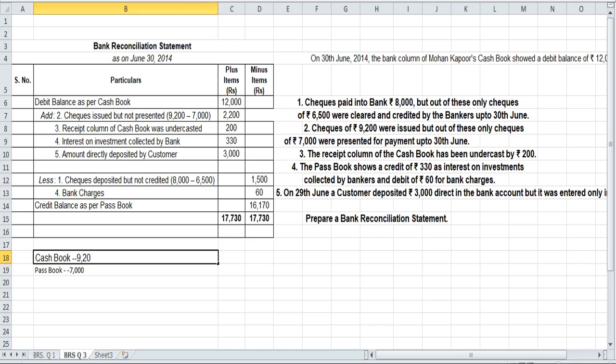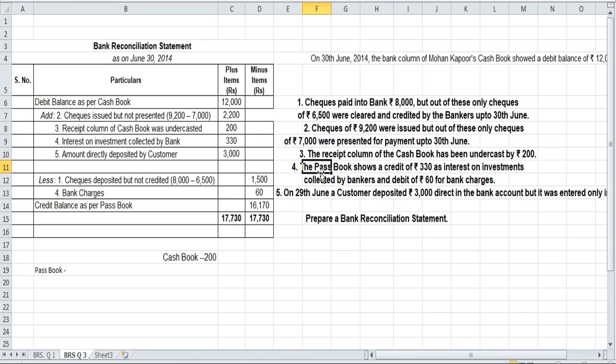In the cash book the bank column is less by 200, but actually the passbook is showing more. If you remember the cash book, on the debit side we have the receipt, so we have received less money in the cash book, but the passbook is more. So we have to match with the passbook, so we will add: receipt column of cash book was undercast 200, that will come in the add.